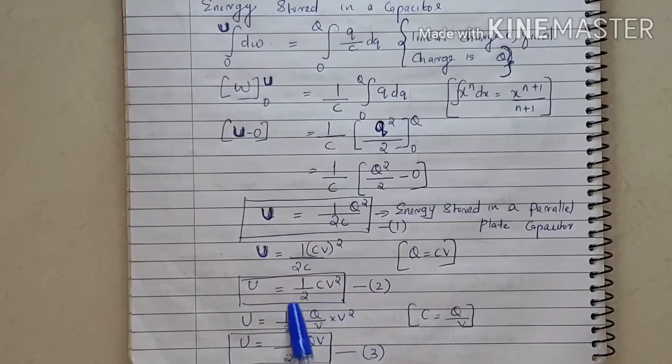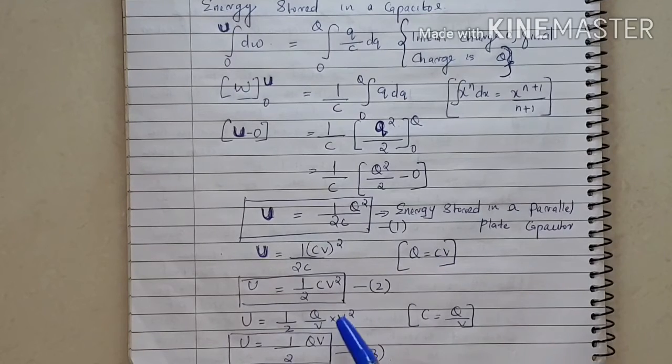So the energy stored in a parallel plate capacitor can also be written as U equals 1 by 2 CV square. Next, we know from the equation Q equals CV that C can be written as Q by V. That is U equals half Q by V into V square, that is U equals 1 by 2 QV.